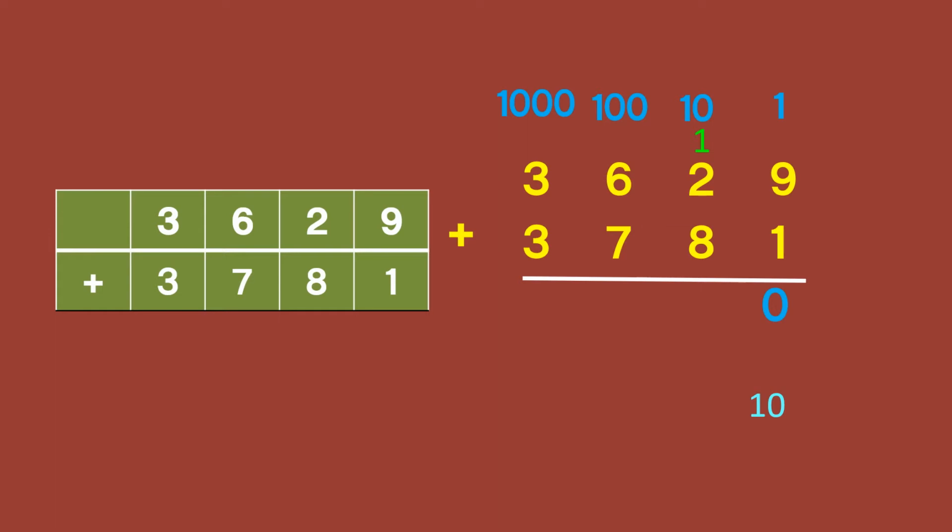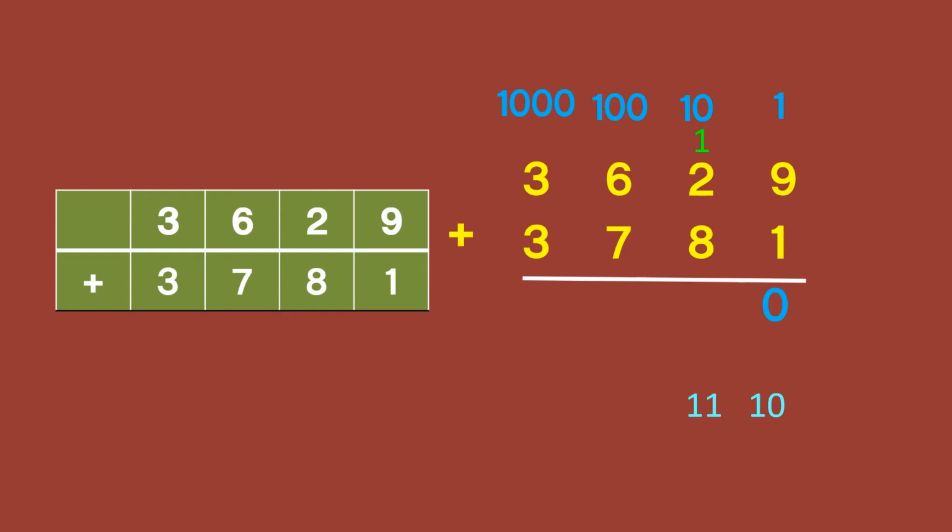So we'll add the digits under tens place. 1 plus 2 is 3. 3 plus 8 is 11. Once again, can you mention 11 under tens place? No, we can't. We can't mention 2 digits under one place. Therefore, I have to once again check whether we are having bundles of tens there.